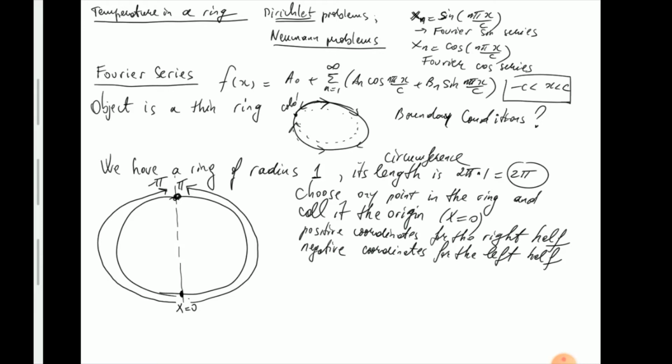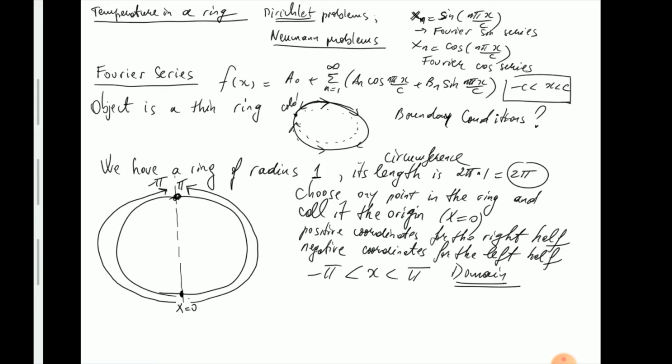So this way I have my domain between minus pi and pi. So that will be the domain for the point that identifies the position on the ring. Now you may say, okay, but why do we need boundary conditions?